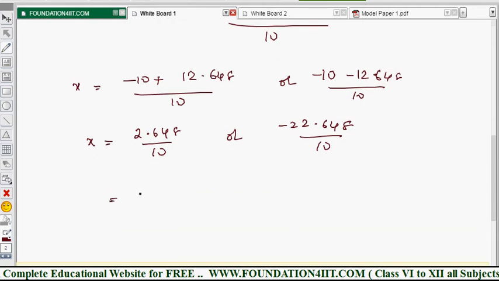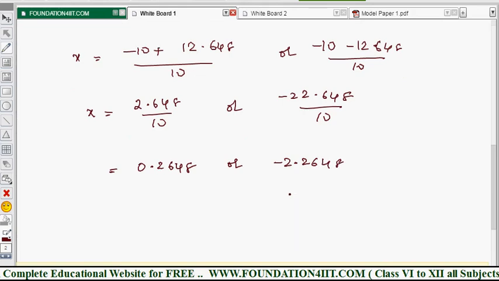Then from this you can get the answer: 0.2648, or minus 2.2648. Correct to two decimal places, we can write 0.2648 as 0.27, because after 6 comes 4 and 8; 8 means it becomes 5, and 5 means it becomes 7.